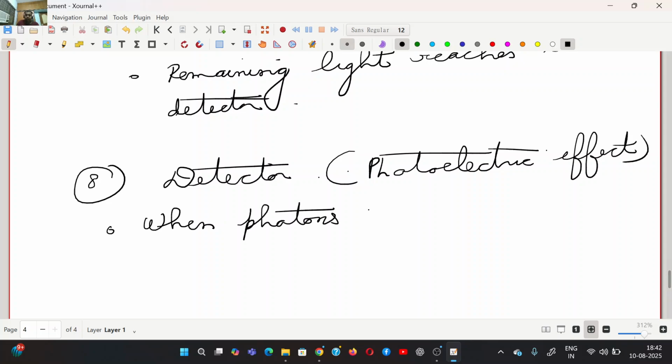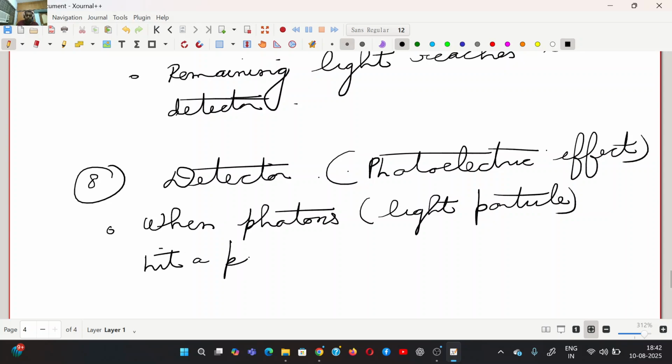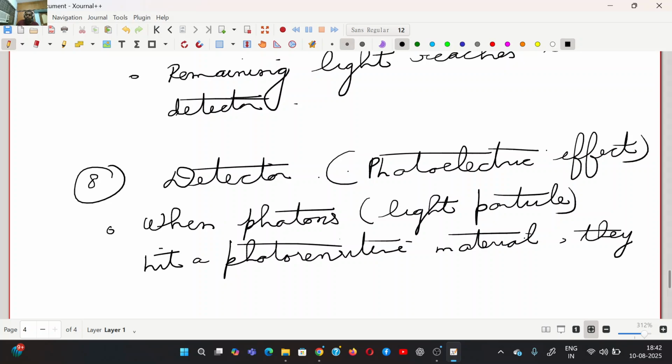It can be a wave as well as a particle. The particle is what is known as photons. So when these photons hit a photosensitive material, that material ejects electrons.